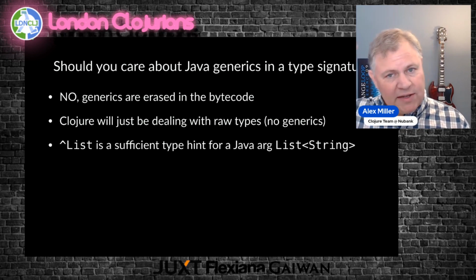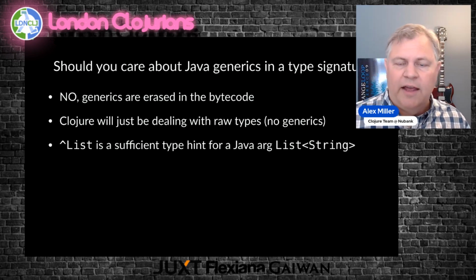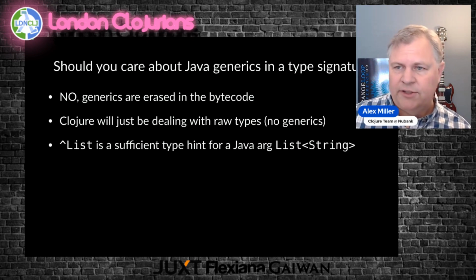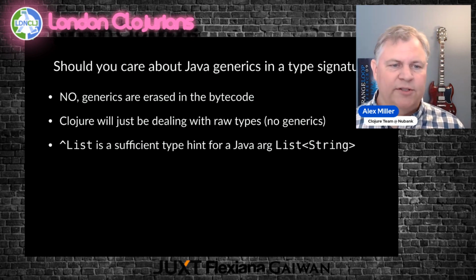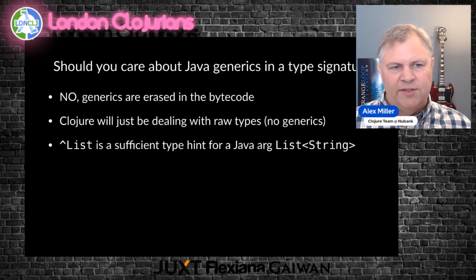A common question I see is how do I do Java generics in a type signature? And the answer is you don't care. Generics are actually a part of Java, but not part of the JVM. Java does erasure and erases those generics in the bytecode.